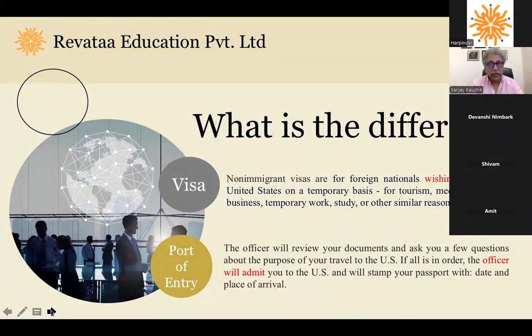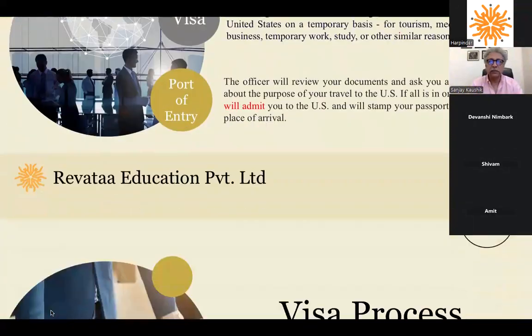So once you enter the US, then your I-94, which is issued by the immigration officer at the port of entry, is the most important document. So one is your passport, which is important. Then once you apply for your visa, you get your visa. Your visa is important. Once you enter the US, then your I-94, which is digital, is also a very important document. So once you are traveling to the US, make sure you have all these sequences in place.